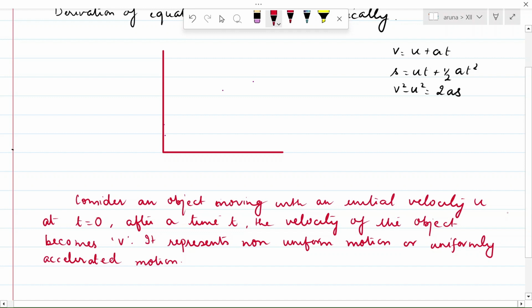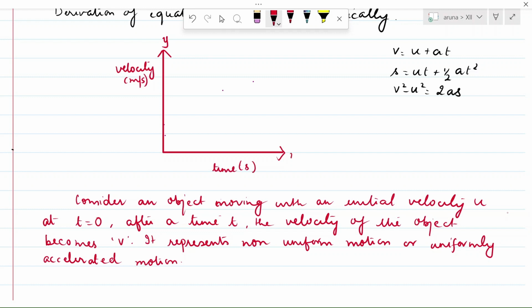To represent the same in a graph, we do it on a velocity time graph. So the y-axis represents the velocity and the x-axis is represented by time. Now since the object has some velocity at t equal to 0, at this point you mark it as u, and since the acceleration is uniform, it's going to be a straight line.